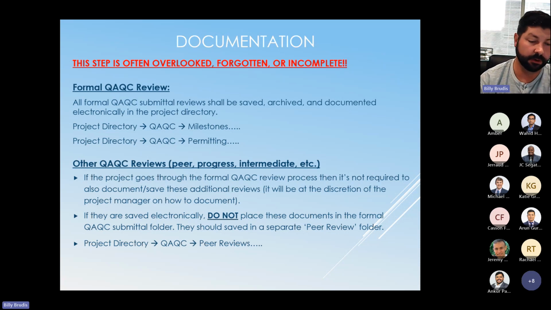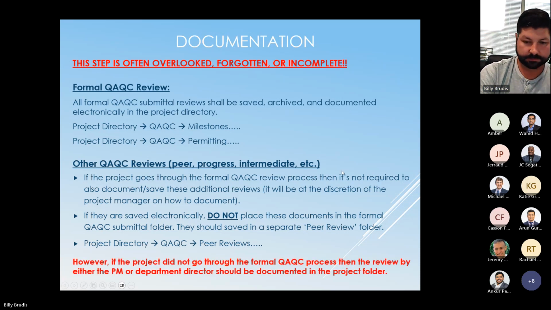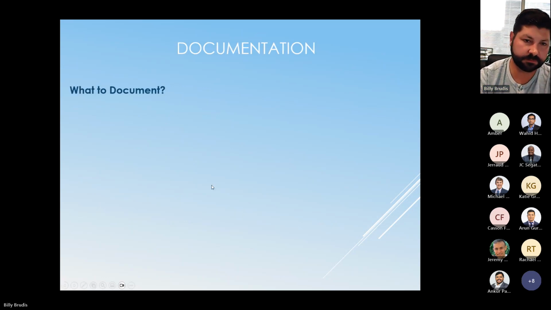There's a peer review folder. That's where that stuff should go. However, if the project did not go through the formal QAQC process, then the review by a PM or the department director should be documented in the project folder in some fashion, just for our documentation purposes.